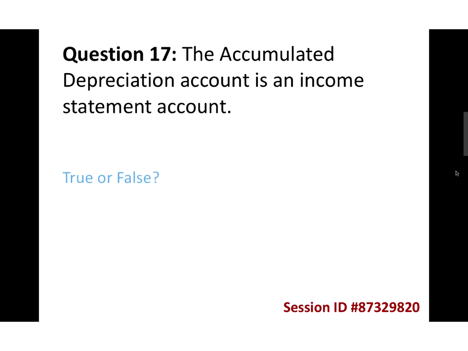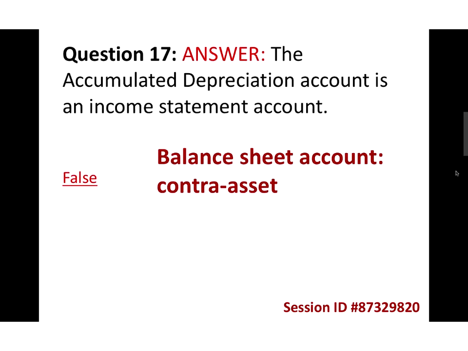Accumulated depreciation is a contra asset, so it offsets our asset. Does an asset go on the income statement? An asset shows up on the balance sheet. The balance sheet is assets equal liabilities plus equity. So when we have assets or contra assets, they go on the balance sheet. So on this particular one, it's going to be false.